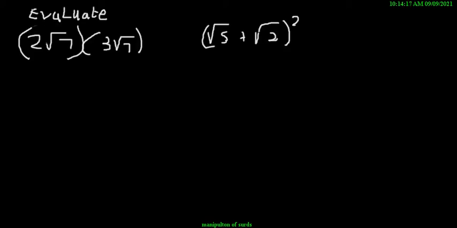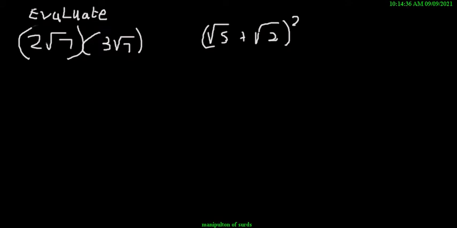So let's try these two questions. Let's evaluate 2 square root 7 times 3 square root 7. In this case we already have like surds, you can see we've got 7.